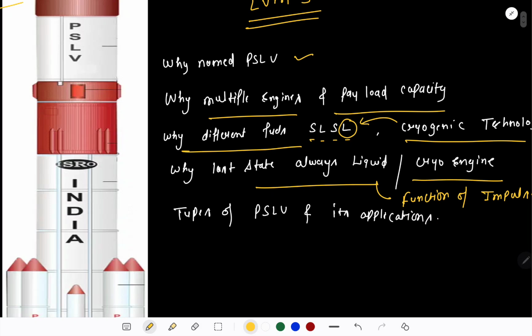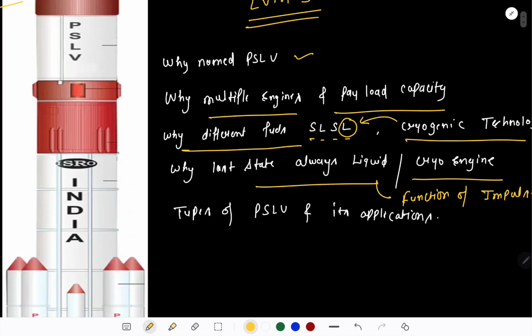We'll talk about the cryo engine, and simultaneously about the functions of the impulse in the placement of the satellites at the designated or predetermined orbit. Later on we'll talk about the various types of the PSLV and its applications in day-to-day life or in space technology.